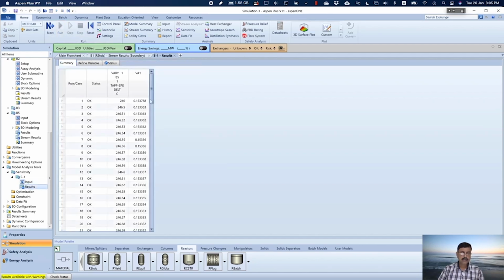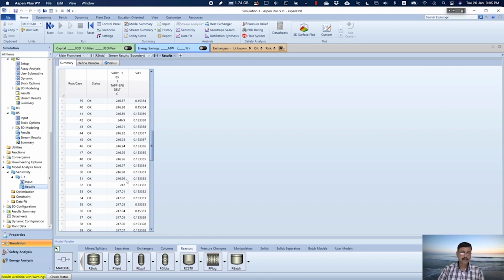So you can just go and see where exactly it matches. So here you can see 246.98, 246.99. At this temperature, the mole fraction matches with stoichiometric reaction. So we can use either of them, 246.98 or 246.99.